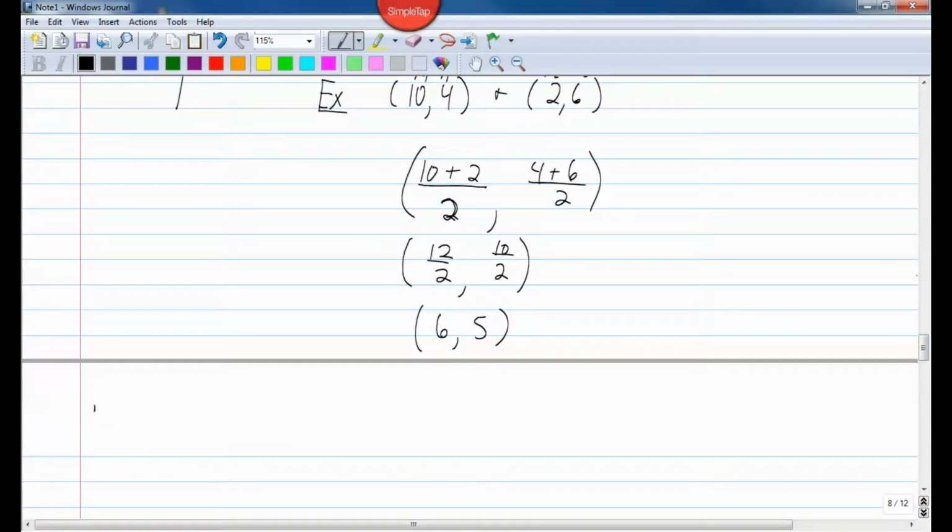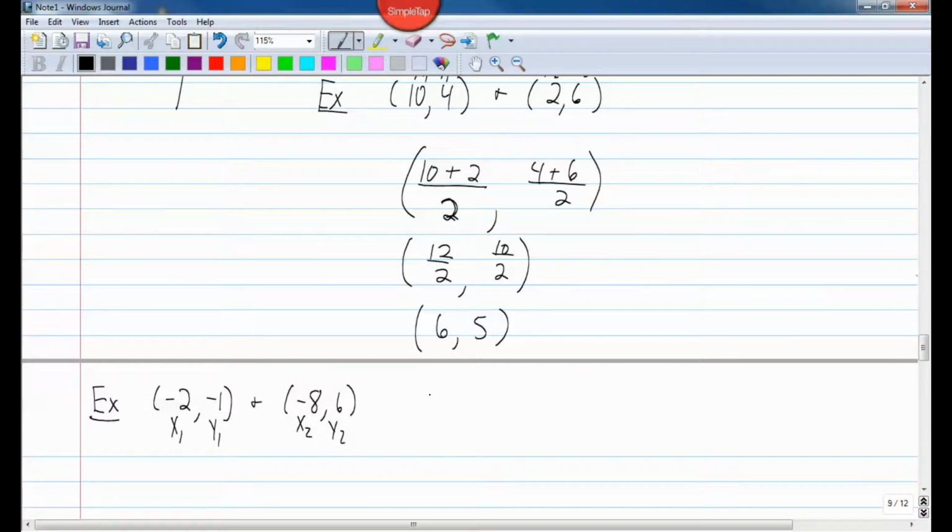Alright, let me do a few more. These examples go by pretty fast. Let's say I had (-2, -1) and (-8, 6). And I wanted to know what's the midpoint between these 2 points. Alright, I like to label my points.